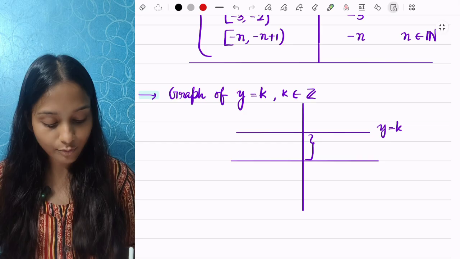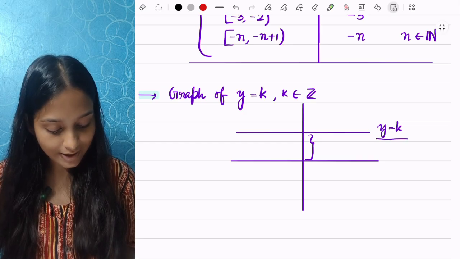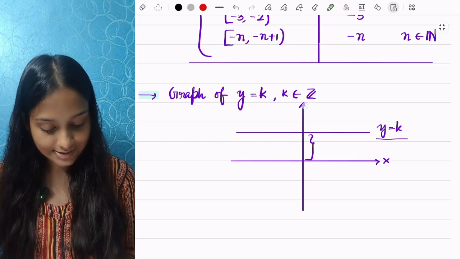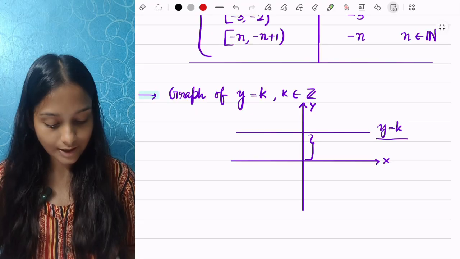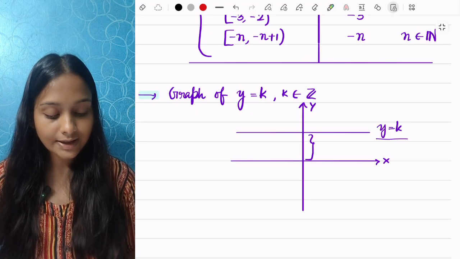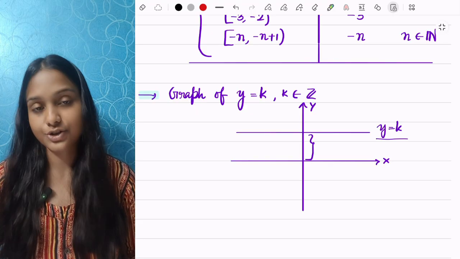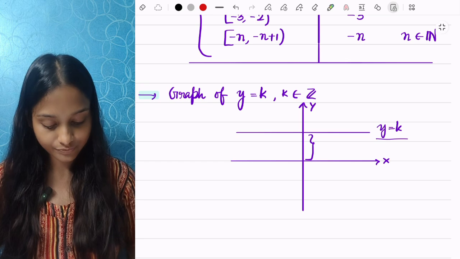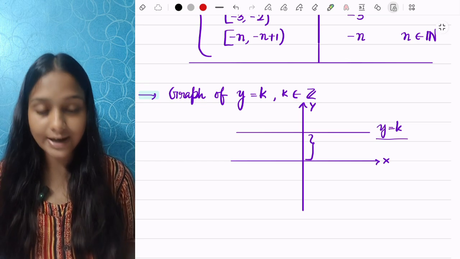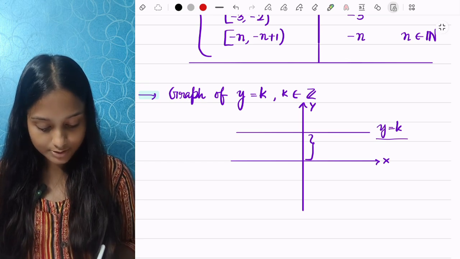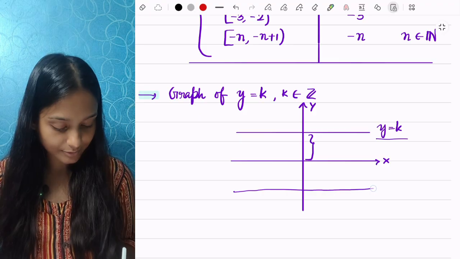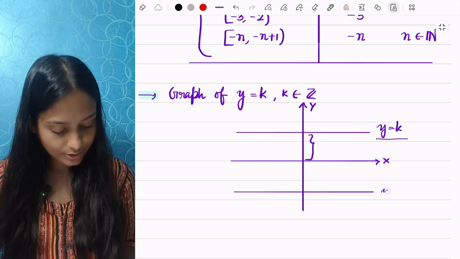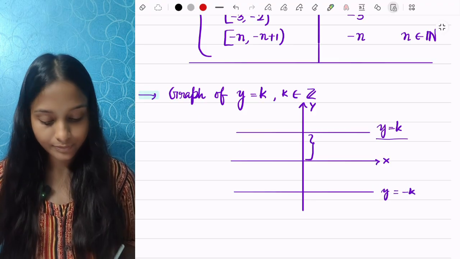So here we have y equals k, which is parallel to this x-axis. And this straight line must be k units in the positive direction of the y-axis. Similarly, for minus k, if k is positive, we will have something like this. So this will be y equals minus k.